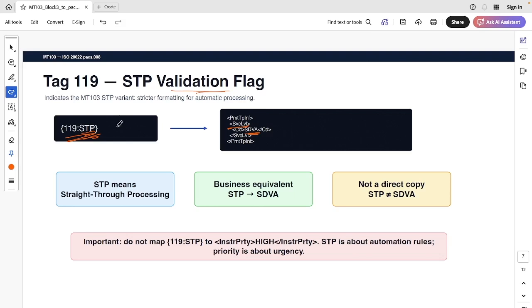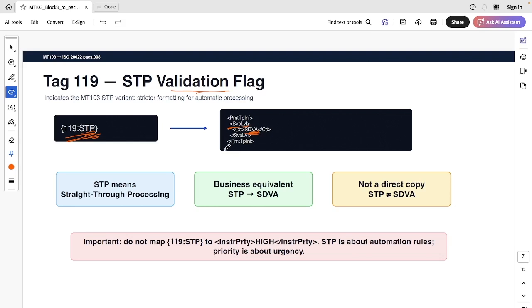So when an MT103 STP is transformed into ISO 20022, the resulting pacs.008 should be constructed according to the applicable pacs.008 STP usage guideline. That usage guideline may impose specific rules on elements such as the service level, for example this SDVA, which is a service level code.